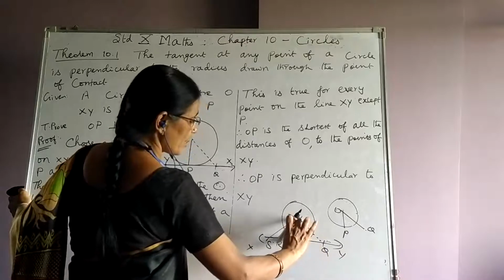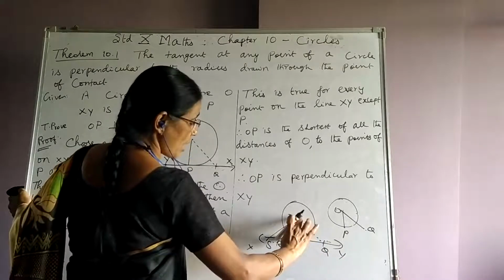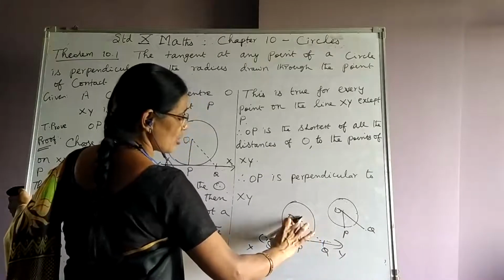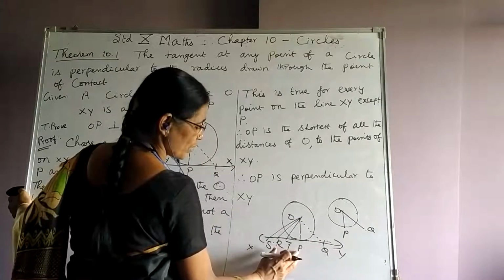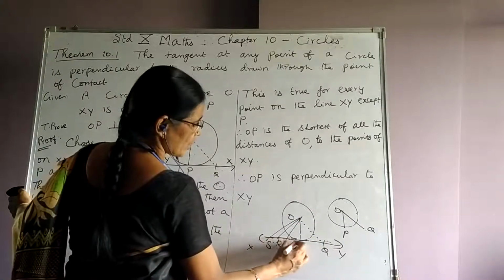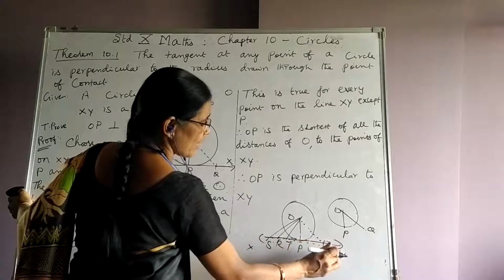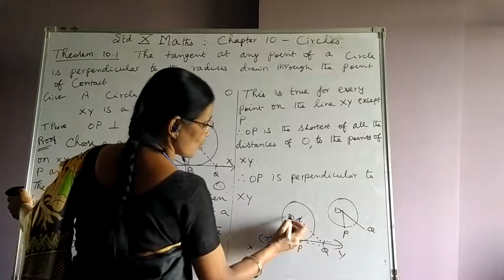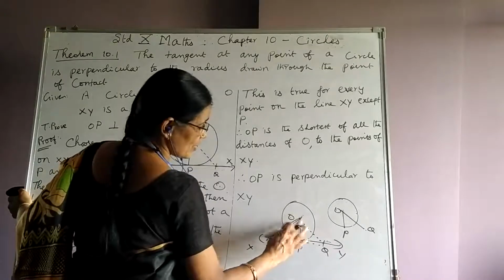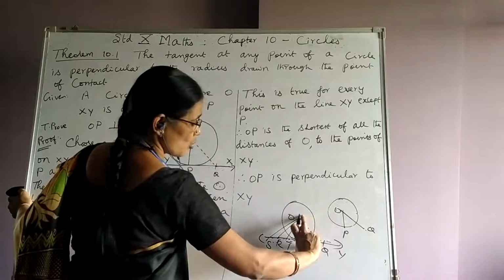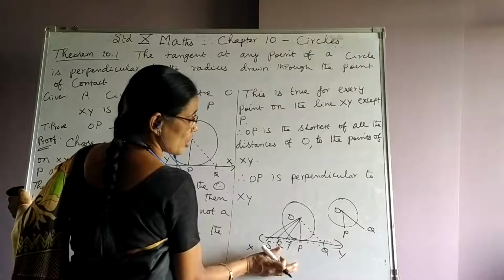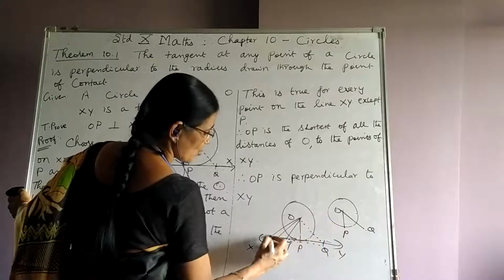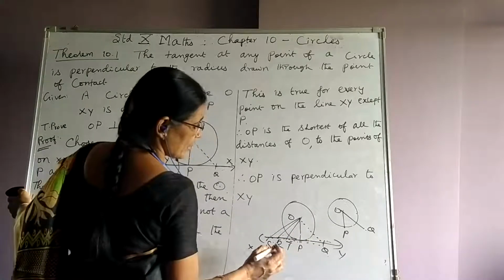So naturally OT will be greater than OP, OR will be greater than OP, OS also will be greater than OP. So taking many points on the line, each and every point of the line XY, if you measure the distance from O, those distances will be greater than OP. Therefore, which is the shortest? OP is the shortest of all the lines we have drawn, right?